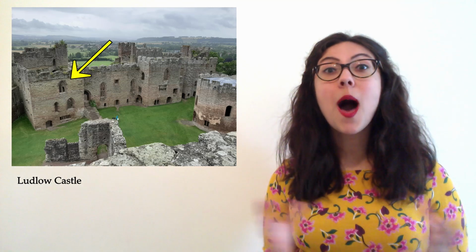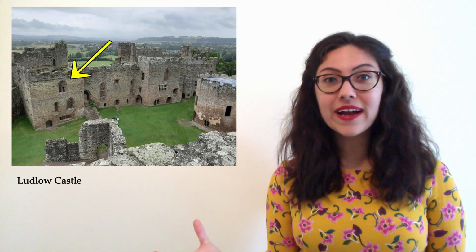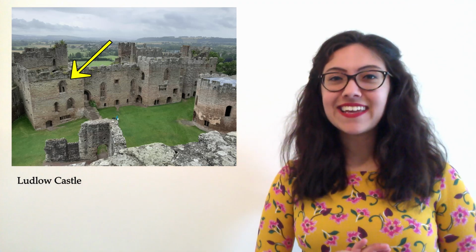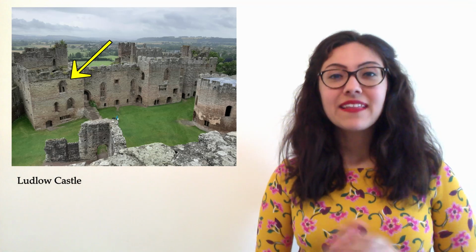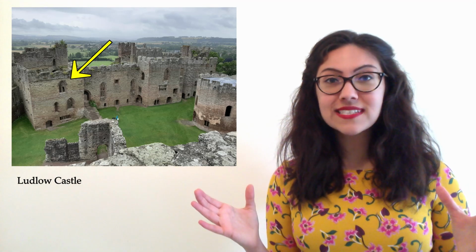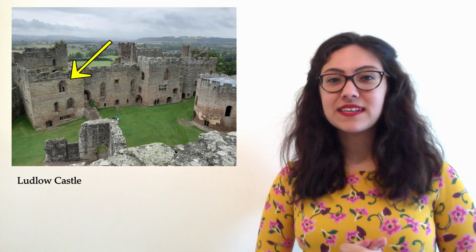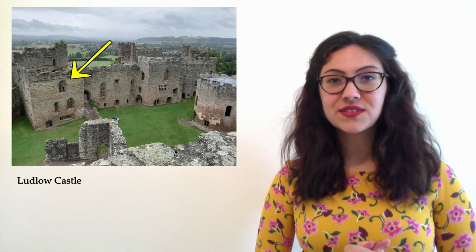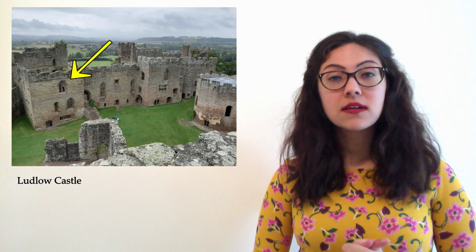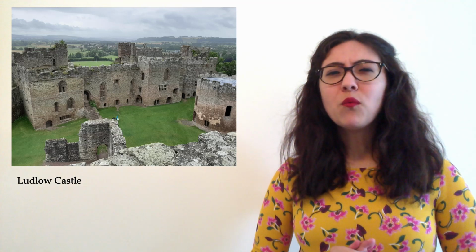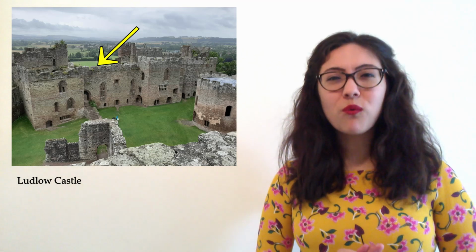Are they large and decorative and wide? Or are they small? I'd say that they are quite small. Now, this is to keep the walls as strong as possible and to have as little weakness in the structure of the castle as possible. Smaller windows, safer castle. But what can you spot on the top of the walls?